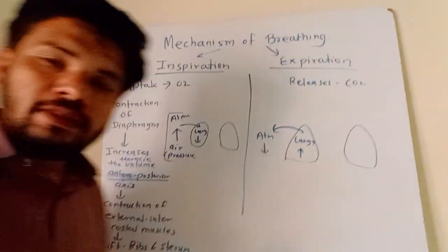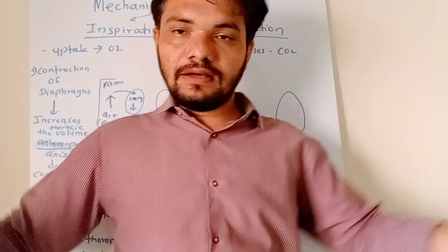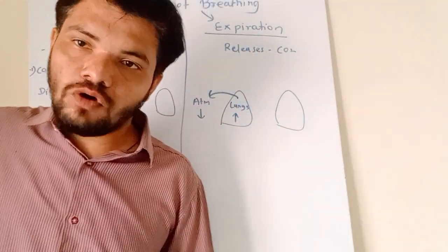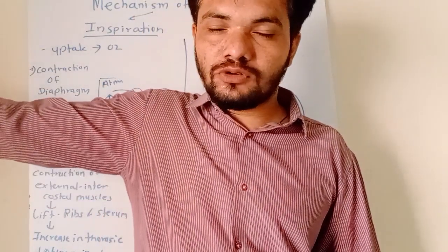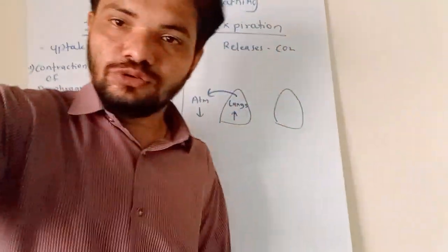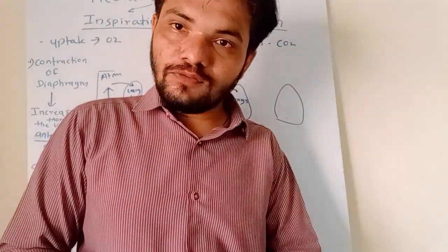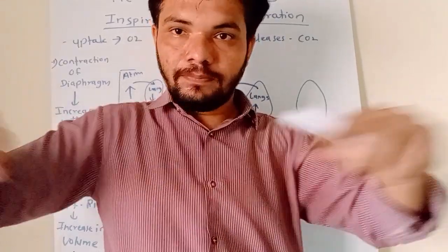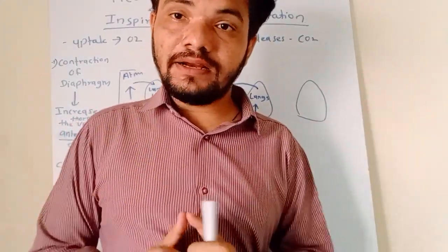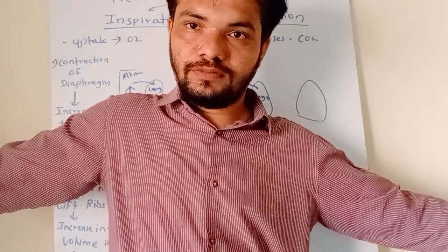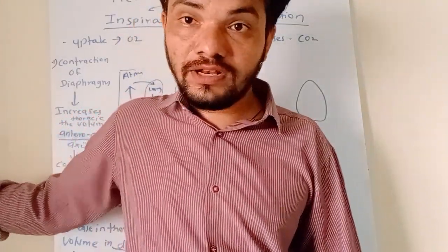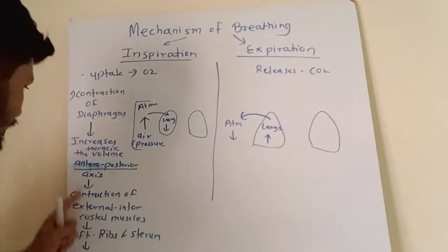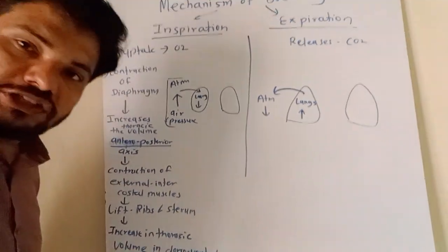Why? See, if this is a classroom and I break this wall and join the next room to this room, I'm increasing the volume, so the air pressure will ultimately decrease. Here too there is an increase in the volume, that's why pressure is decreasing.